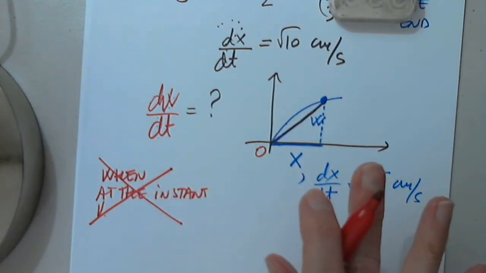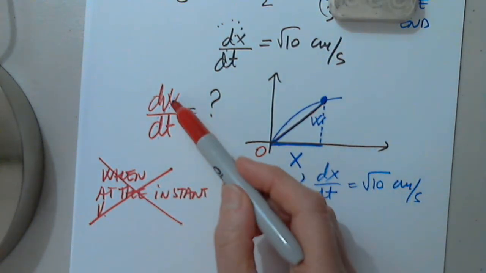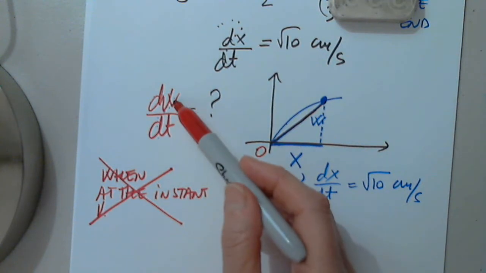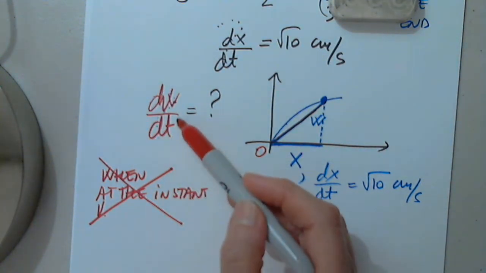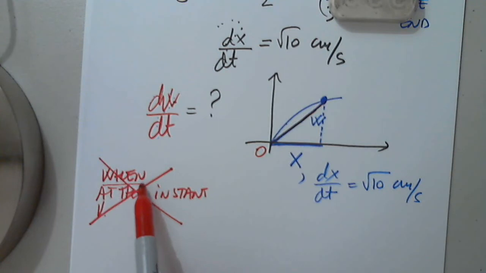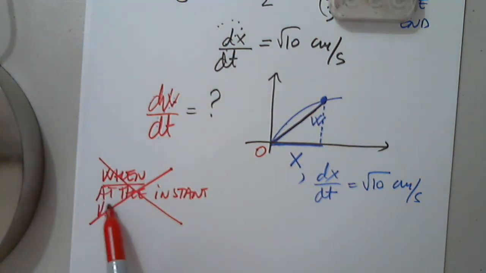It does not exist until you find an equation for W and then determine dW over dt. Anything that follows after when or at the instant does not exist. Okay, let's go back. How fast is the distance from the particle to the origin changing at this instant? Which means this point does not exist till I determine W and find its derivative.